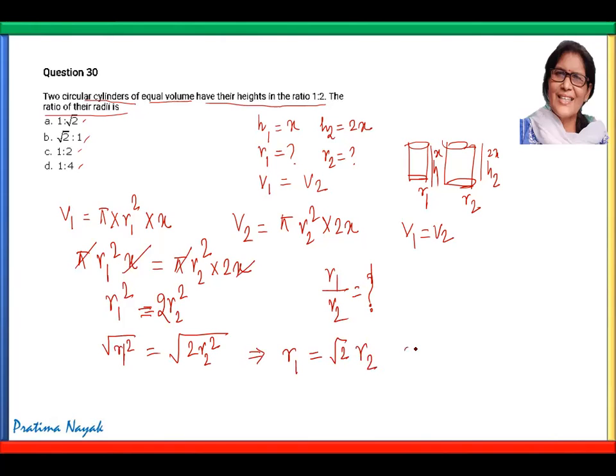Now I am writing the ratio. So R1 by R2 is equal to root 2, root 2 means root 2 by 1. So what is the ratio? Ratio is root 2 is to 1. Where is the answer? B is the answer.